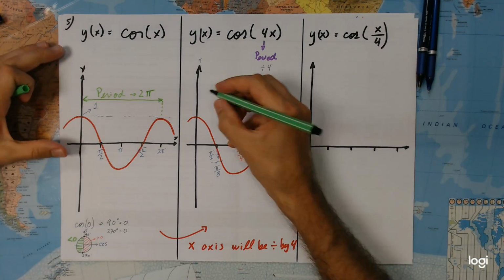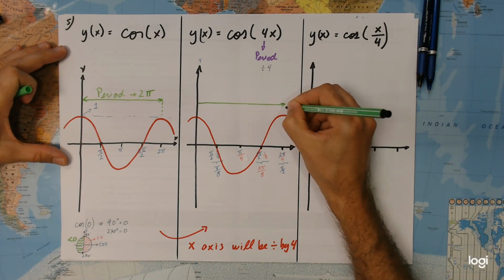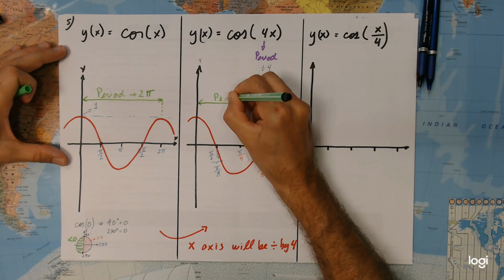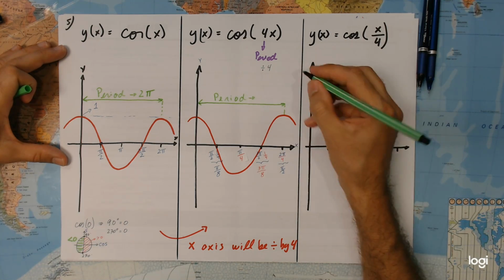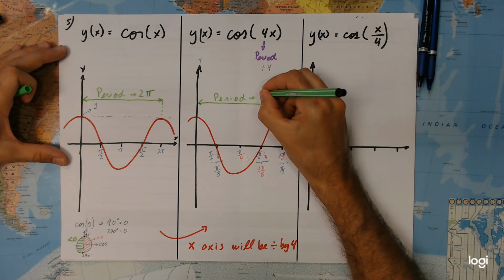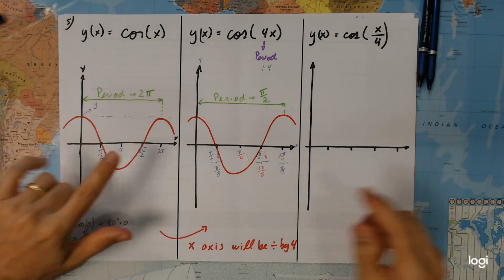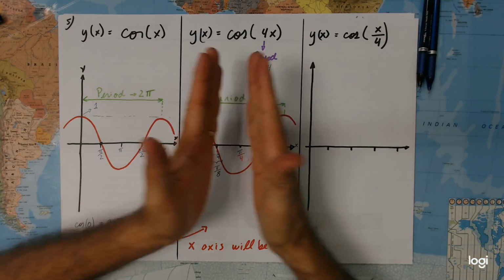And now realize that our period is now pi over 2. Why pi over 2? Remember, it is the fourth of this one. I'm just doing this. Okay.